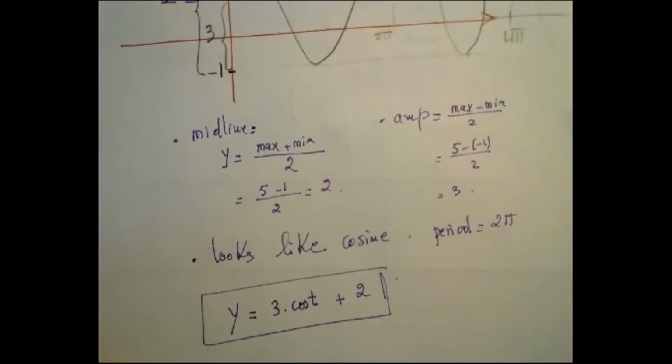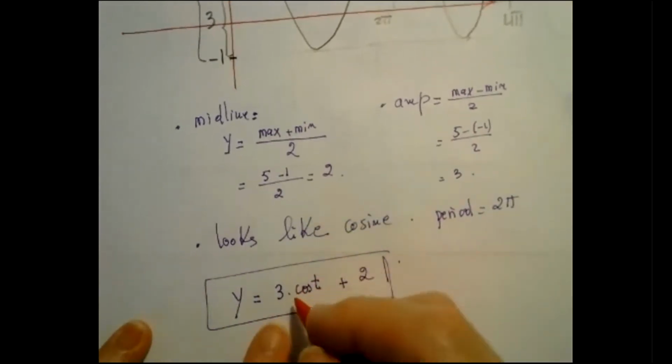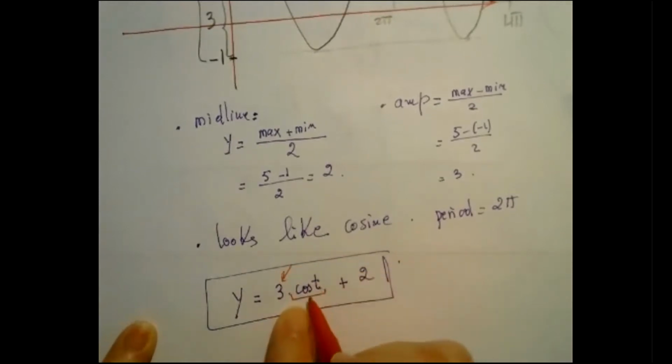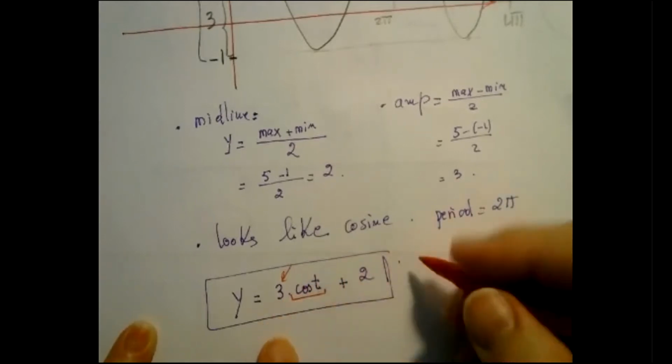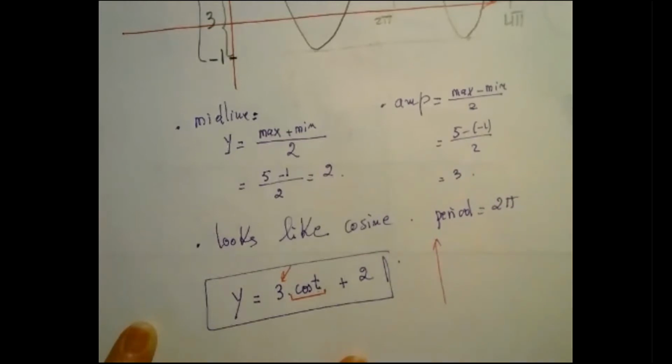Okay, so let us see what we did so far. Let's look at this formula. Multiplying the cosine t by 3 means multiplying the output of the cosine by 3. The effect of it is to stretch it vertically.